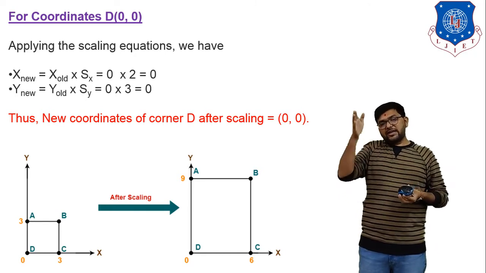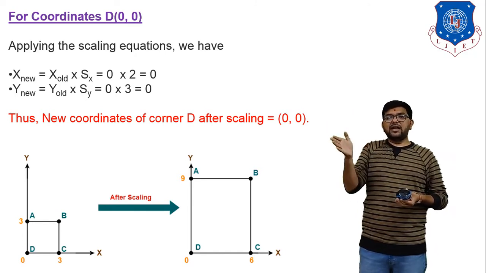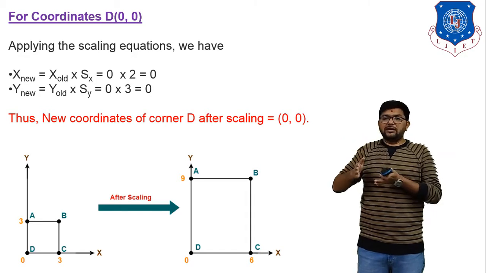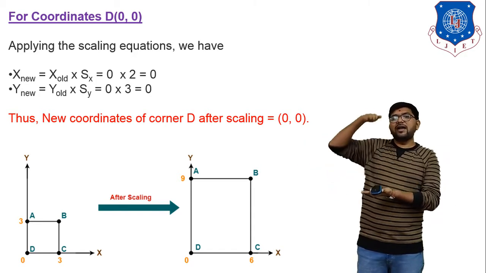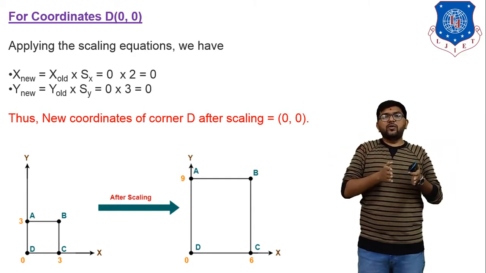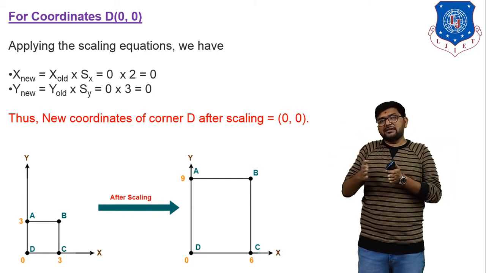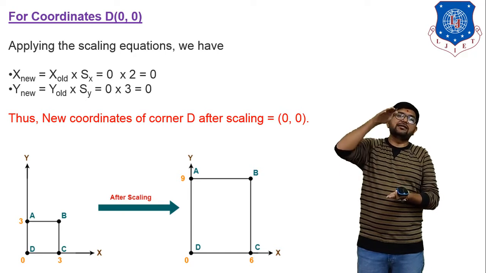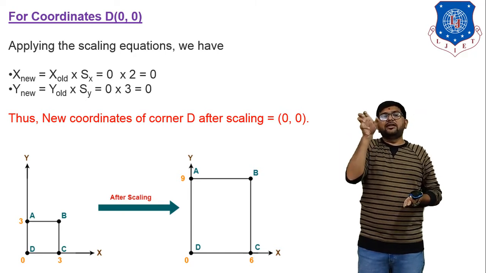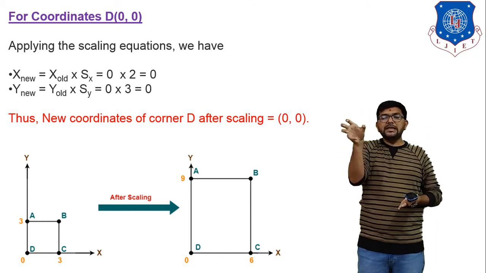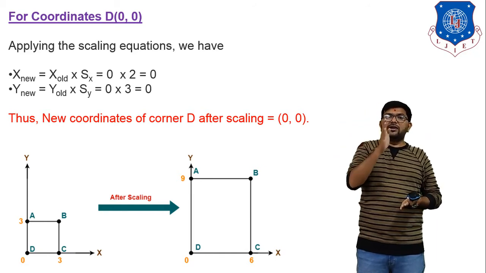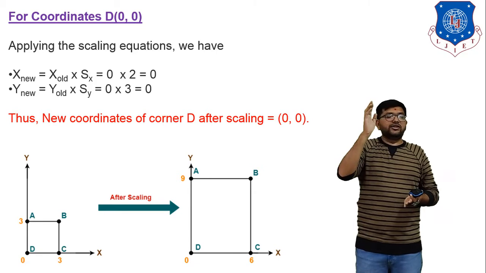After scaling, now the second figure, that is after scaling. In scaling, the scaling factor of x is 2, and the scaling factor of y axis is 3. So this square is increased in x axis 2 times and in y axis 3 times, and the new coordinates of the object are A (0, 0), B (6, 0), (6, 9), and (0, 9).